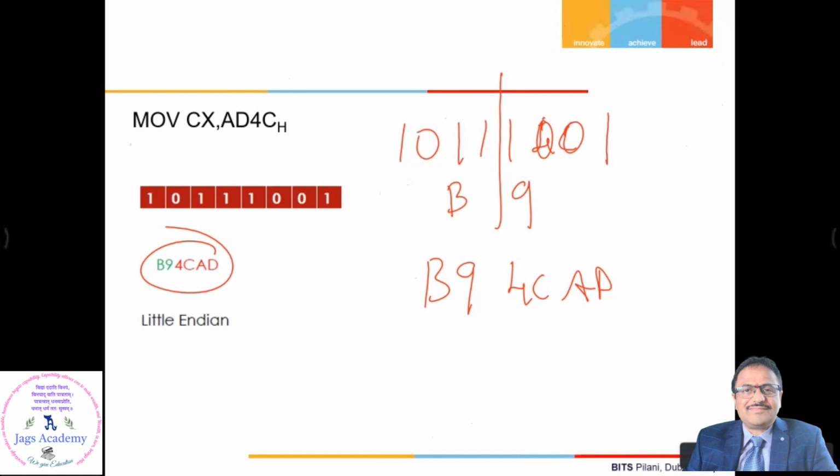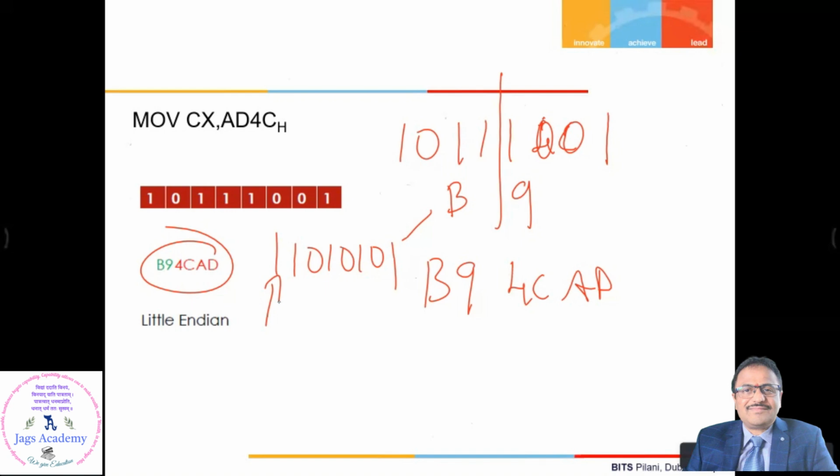When you write some binary, we consider this as the least significant bit and this as the most significant bit, and accordingly we write. It need not be true for all cases.